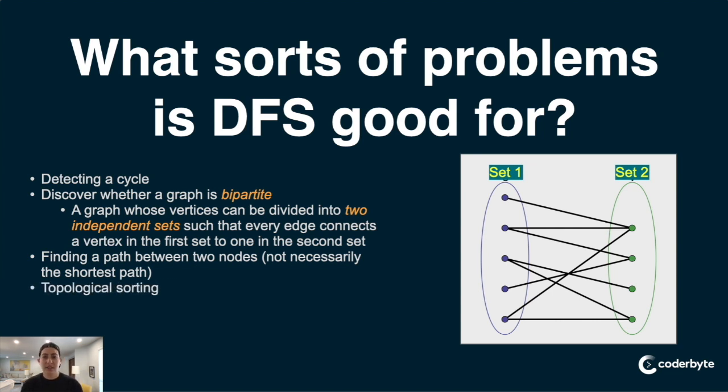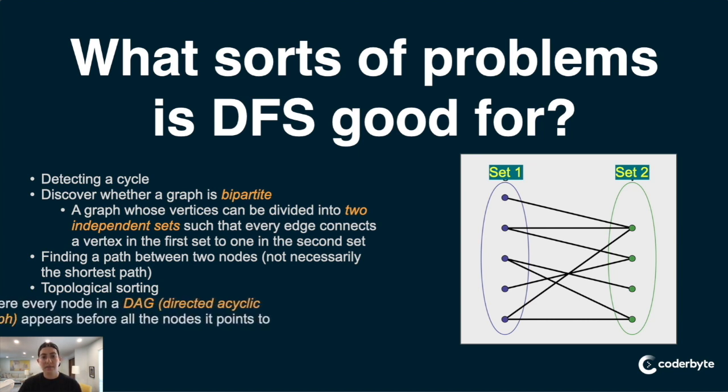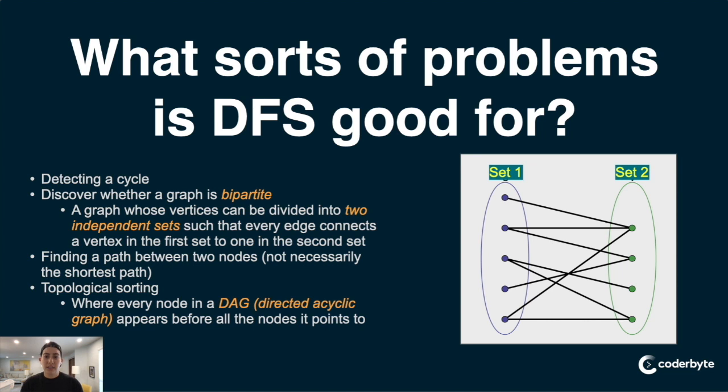The other thing that it's really useful for is this idea of topological sorting. Topological sorting is a concept basically just that every node in the graph will appear before all the nodes that it points to. So this only works, of course, with a DAG or a directed acyclic graph.